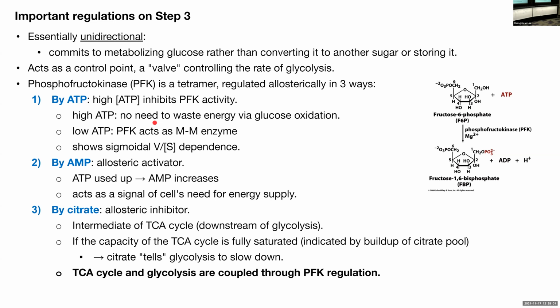There's already enough energy storage in the temporary form. So it'll inhibit this enzyme to basically make a log jam for further processing of this fructose 6-phosphate. When there's a low ATP, it works as a go signal, right?